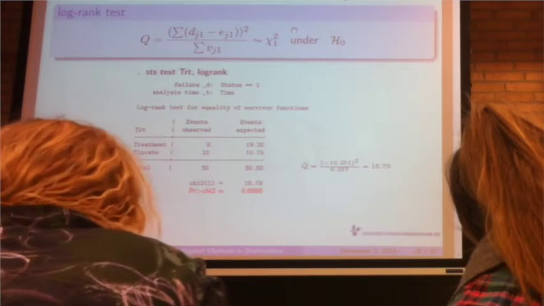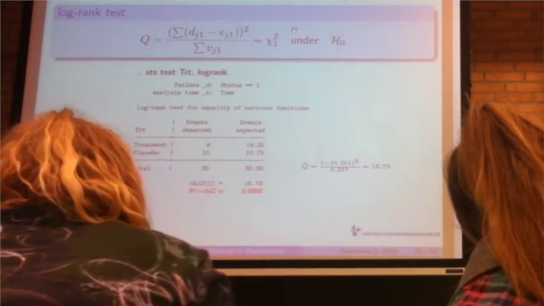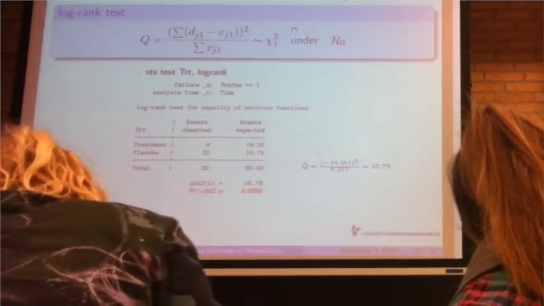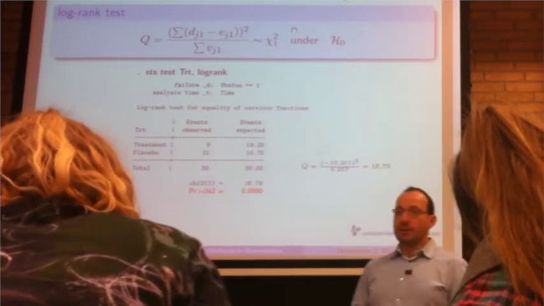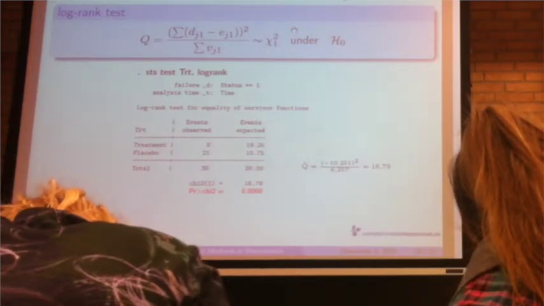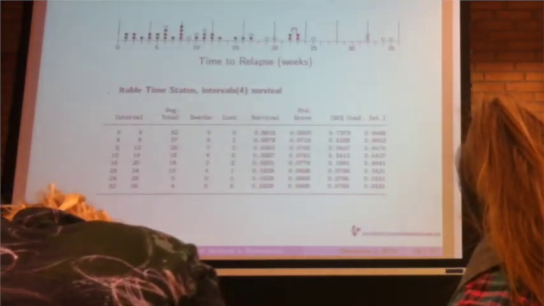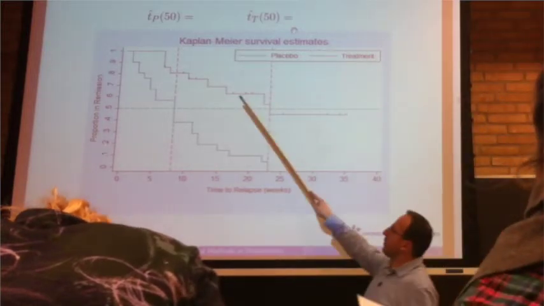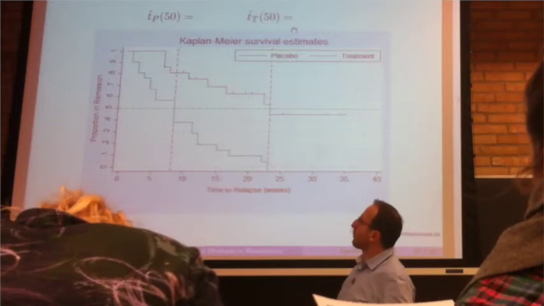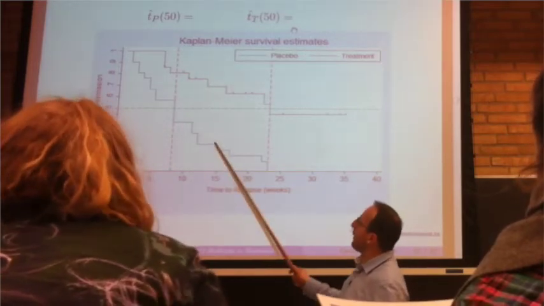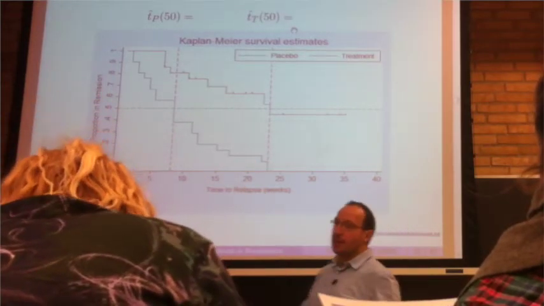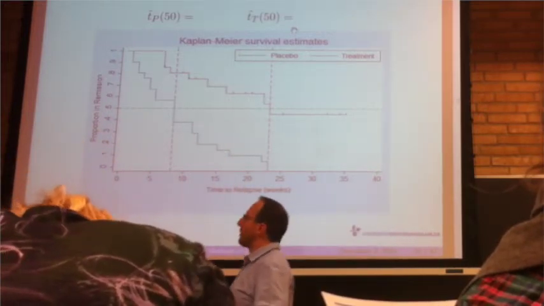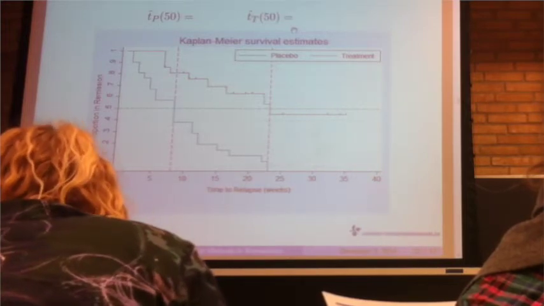So that means that both groups, placebo and treatment groups, differ with respect to the event time. That means you have to prove, by applying a statistical test, that there is a difference between the event time experiences of the treatment group and placebo group.